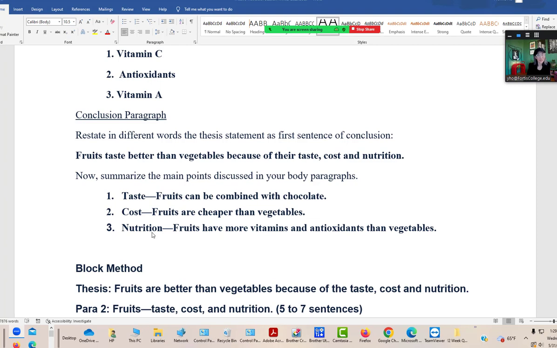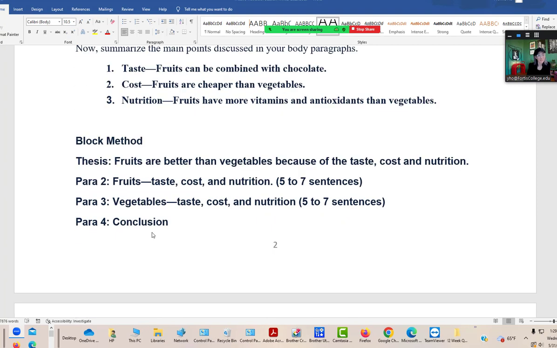There are 2 ways to write a comparison contrast essay. So you can have the same thesis statement: fruits are better than vegetables because of the taste, cost, and nutrition. Then in paragraph 2, you write about the taste, the cost, and the nutrition of fruit. Then in paragraph 3, you write about the taste, cost, and nutrition of vegetables.